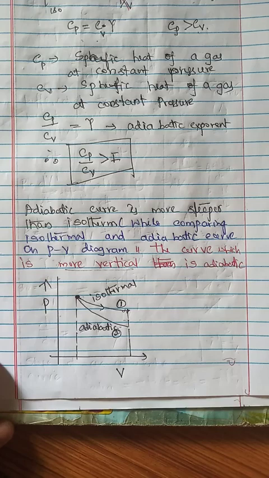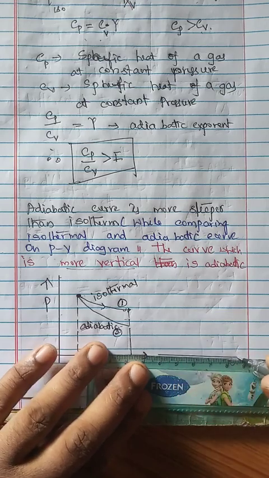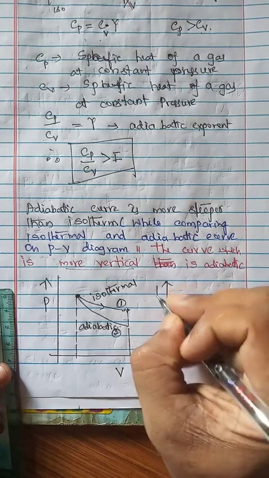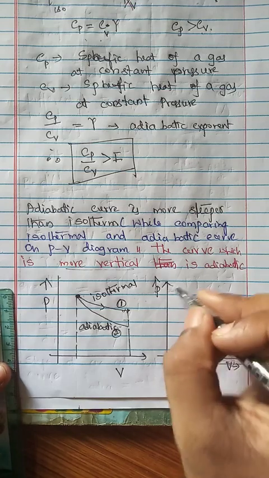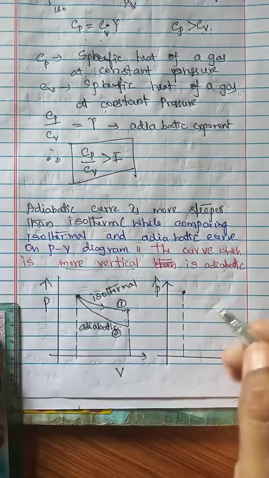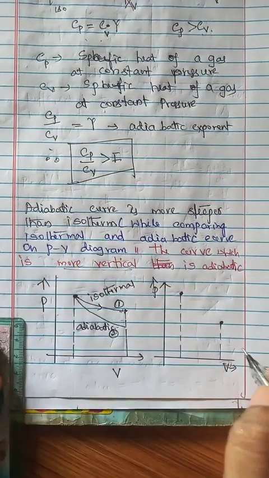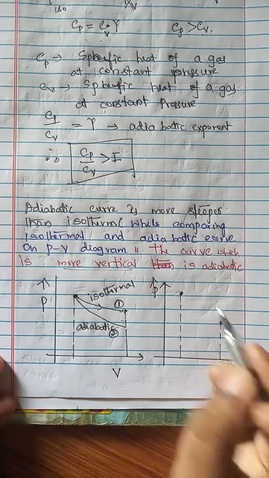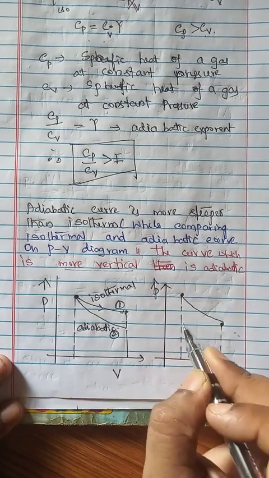In the same way, I will draw a similar graph but in a different manner. Here we are taking pressure along the y-axis and volume along the x-axis. Then here is a point, this is like that, and here one point I will take like this. In the volume axis, the perpendicular is always drawn to the volume axis, I already explained. Then one curve like that, another curve like that.